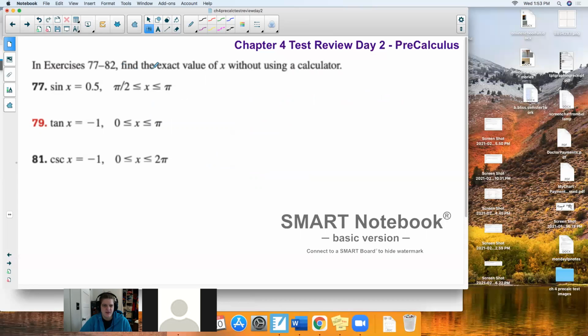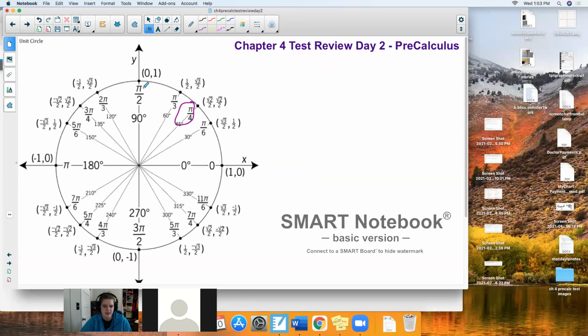The next one, they want you to find the exact value. So we want at what degree is sine a half? So where is the y value a half? So going over here, the y value is a half here and here.